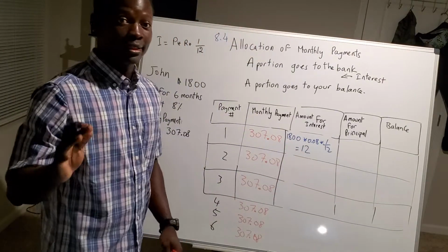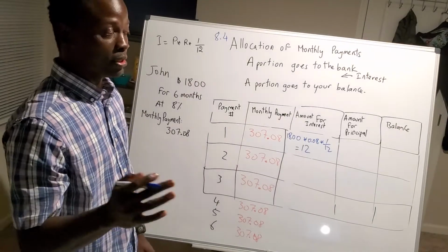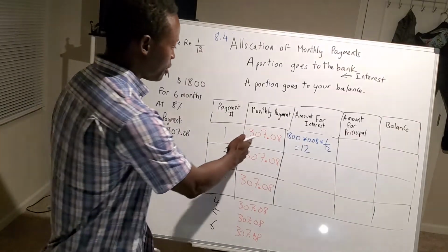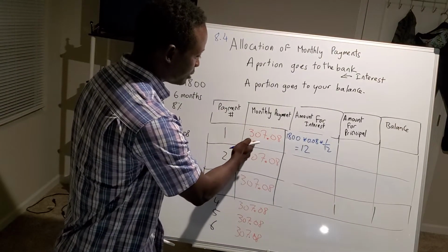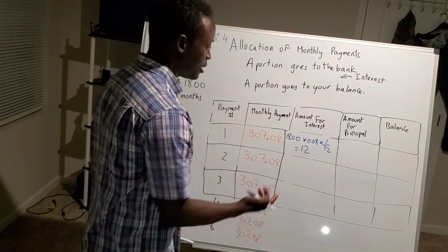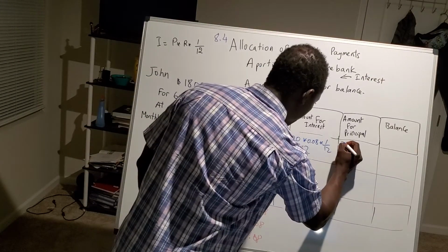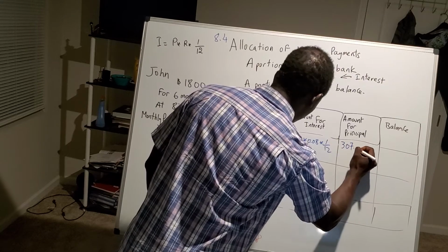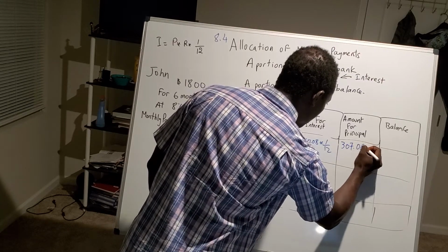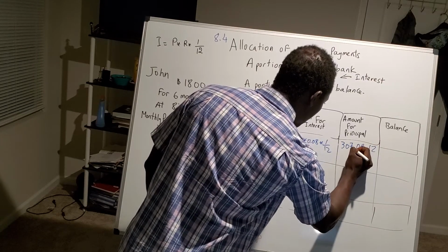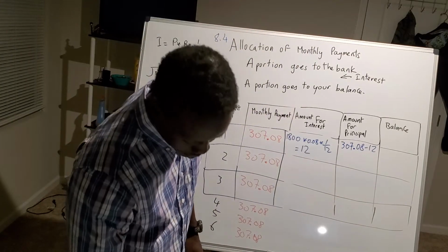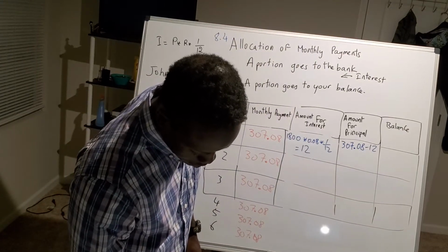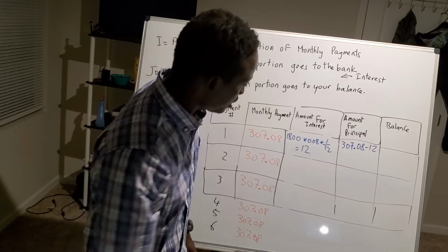Now, $12 means the $12 goes to the bank, right? So even though I'm making this payment, I've got to take away the $12. So it's going to be 307.08 minus 12. The amount for the principal is going to be 295.08.